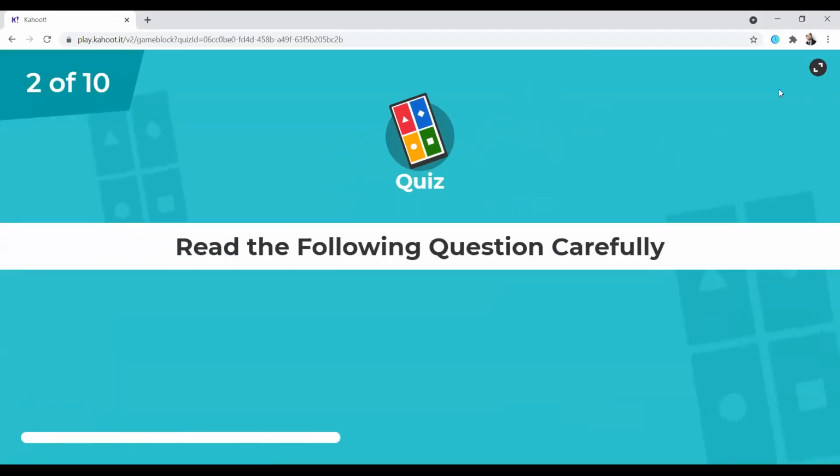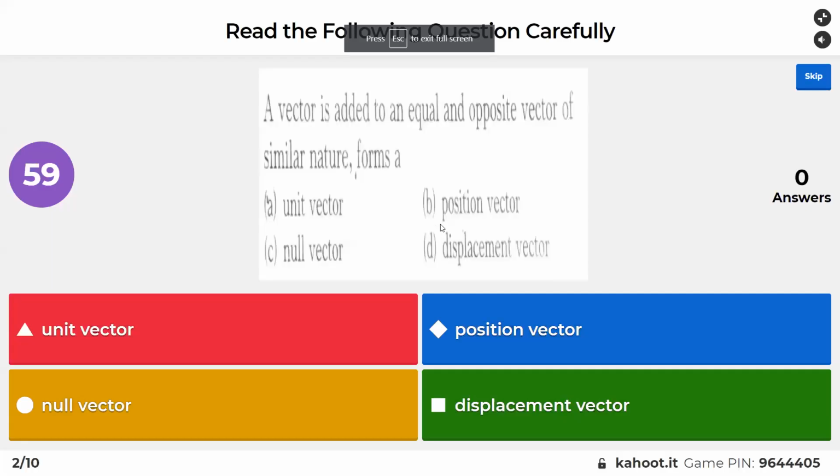So you all have already played. So will not take much time. Vector is added to an equal and opposite vector of similar nature. Forms... not more than 10 seconds for this.